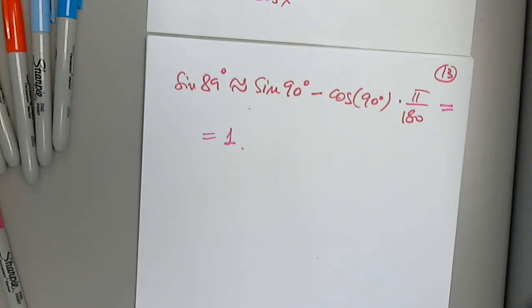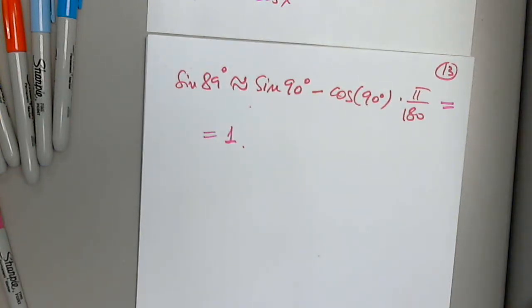Let me change it, sorry, because I put degrees. So careful, careful, careful. It is 0.999. It's not going to be 1. It's very close.